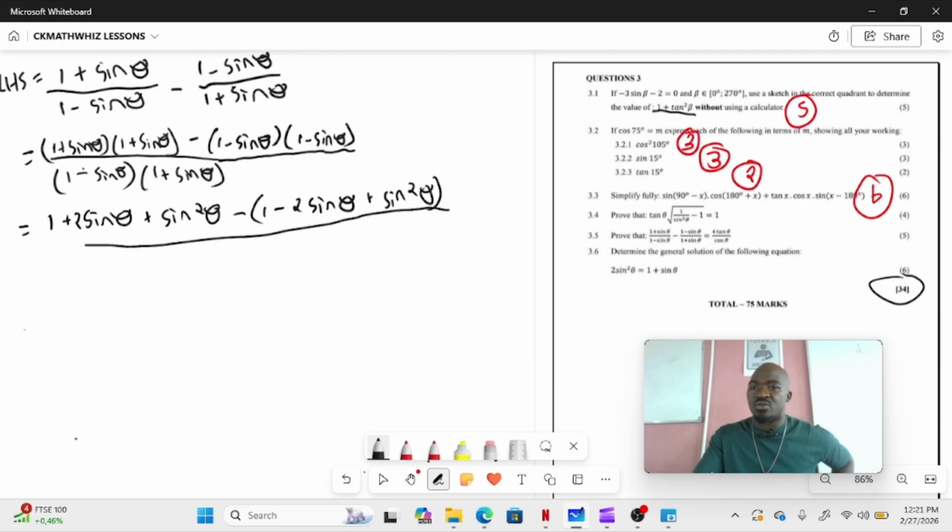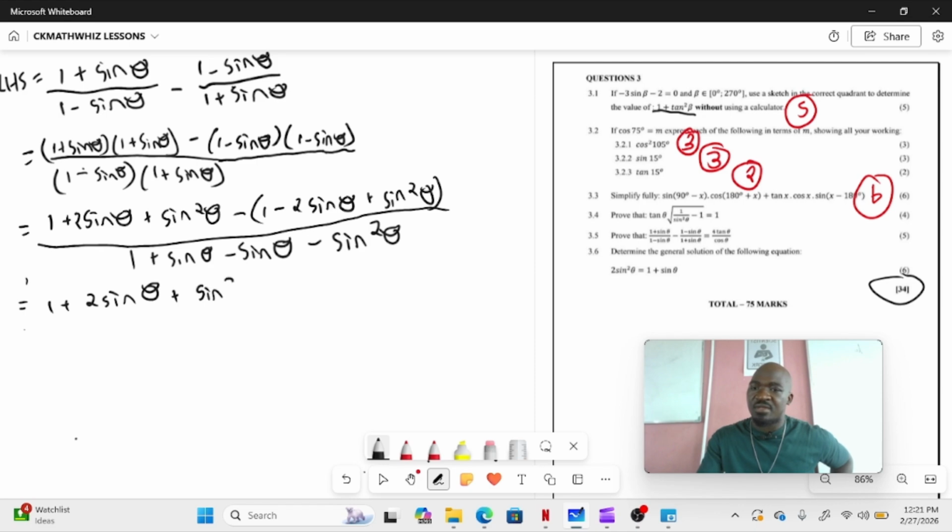Let me also simplify this. 1 times 1, we get 1. 1 times sine theta is plus sine theta minus sine theta minus sine squared theta. Then we will get 1 plus 2 sine theta plus sine squared theta minus 1 plus 2 sine theta minus sine squared theta.